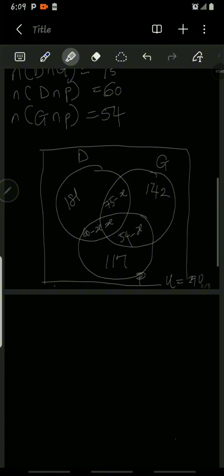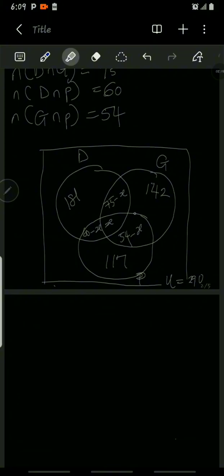So the next thing I want to do is sum up everything in the circle for Daily Times, that is this D, right? I will sum everything here and subtract it from 181. Now the question is why? Now what do you notice? This circle for D, two circles are overlapping it, right? The circle of G is touching this one, and the one of P is also overlapping it, right?